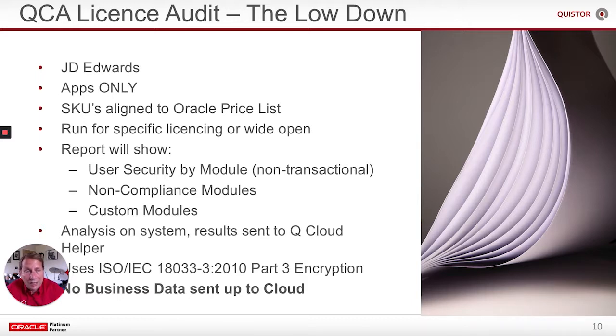And with that, you can run the license audit with the specific licensing that you've got under your Oracle contract, or you can run it wide open. A lot of people tend to like to run it wide open simply because it gives you your complete usage across the system, whereas specific licensing, you're, if you like, comparing apples with apples.